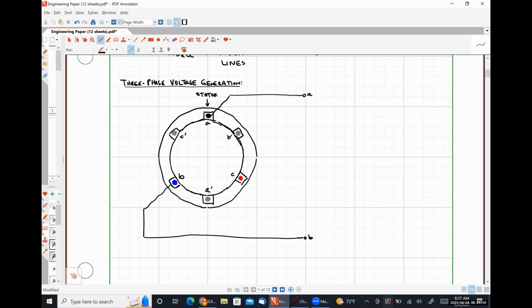Down here is our B terminal. Here is our C terminal. I'm going to wire all of my primes together.